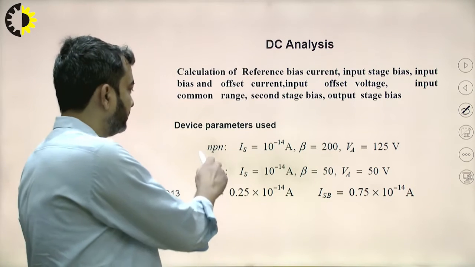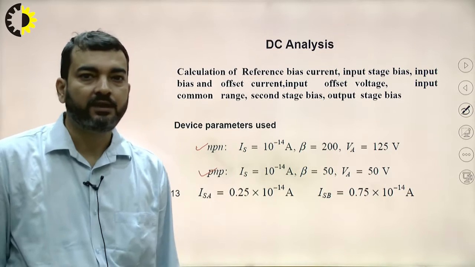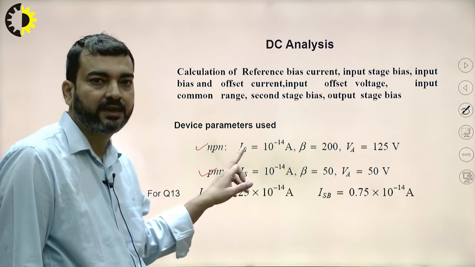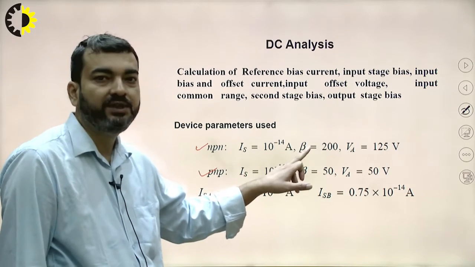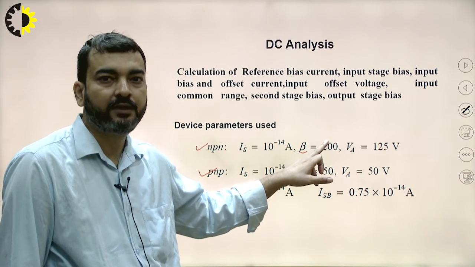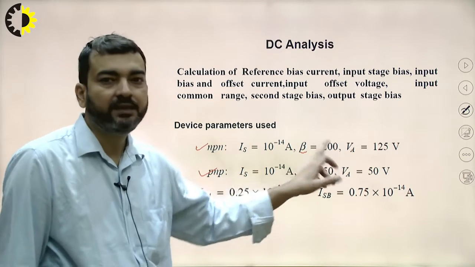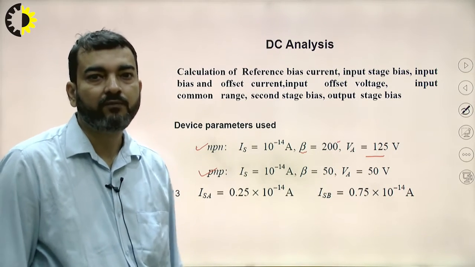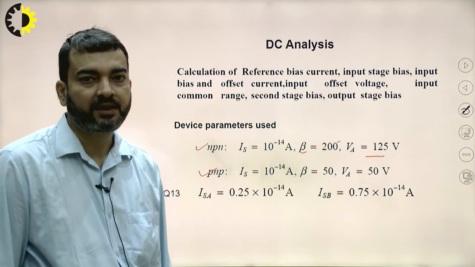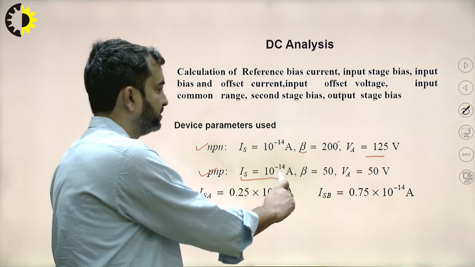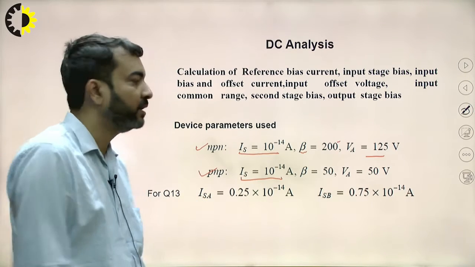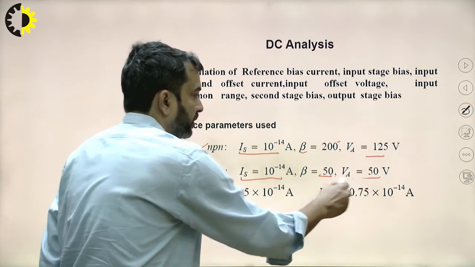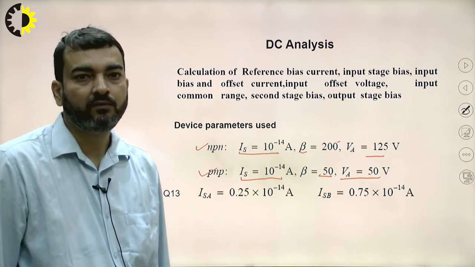These are the parameters which we will take for NPN and PNP transistors. This is the scale current Is, and this is the beta, which has a value of 200 for the NPN transistor. VA, the early voltage for the NPN transistor, is taken as 125 volts, while for the PNP transistor the scale current is the same as for the NPN transistor, but the beta value is 50 and the early voltage is equal to 50 volts.